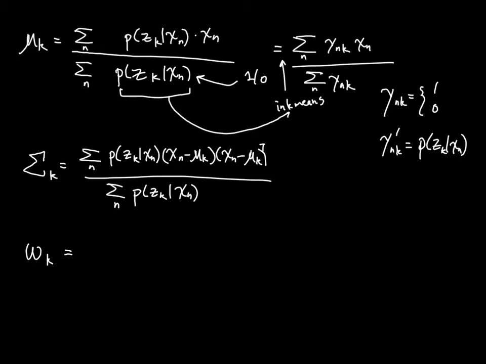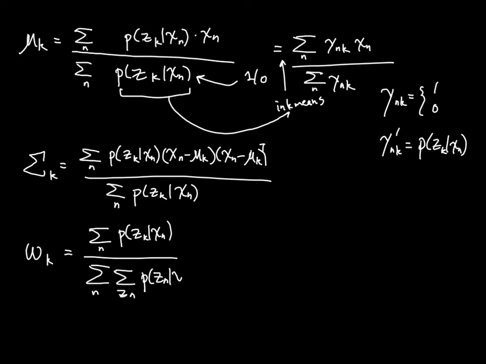It is the probability of zk given xn divided by the sum over n of the probability of zn given xn, and this entire thing is going to be equal to n, right? So it's going to be the sum over n of the probability of zk given xn, over n.